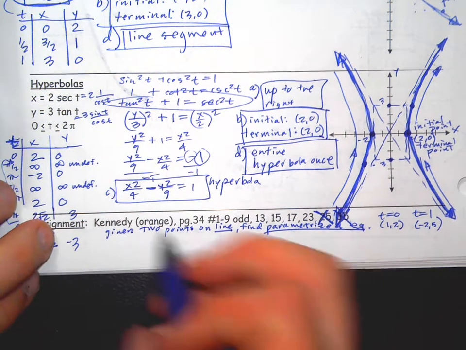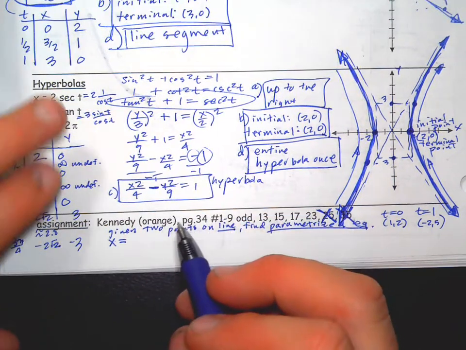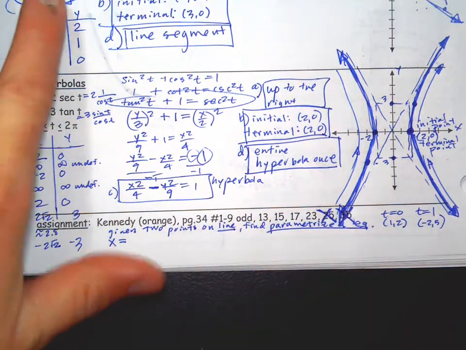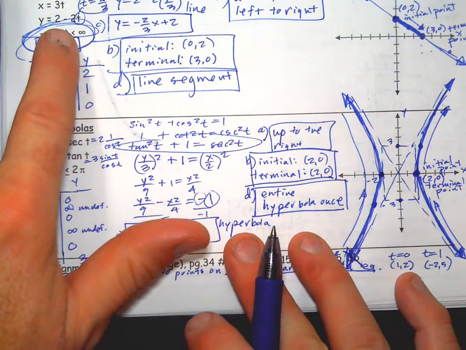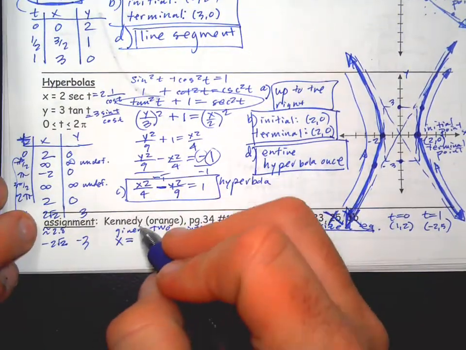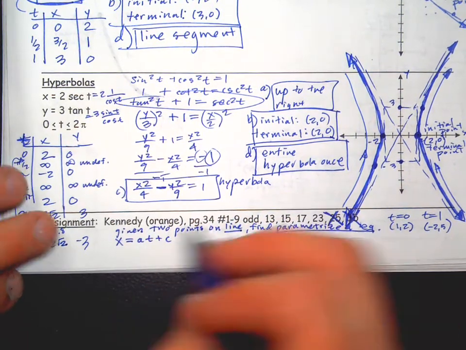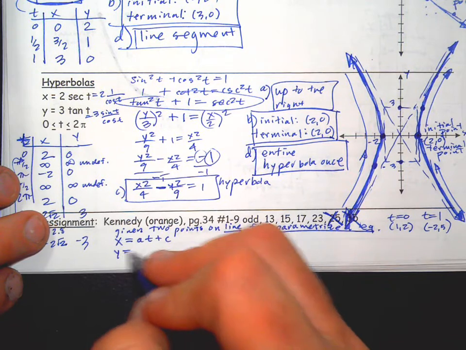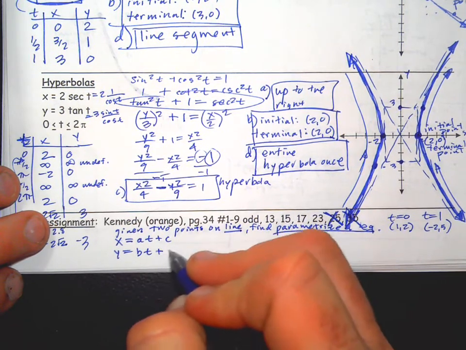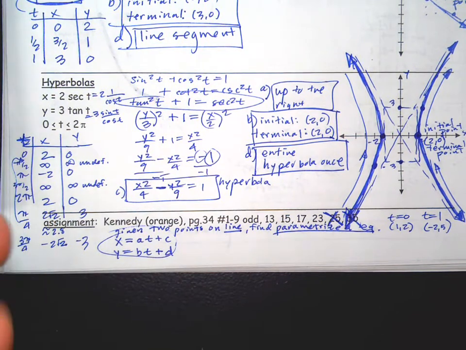So what you do is you say, okay, well, it's going to turn out that usually equations for lines for x and y both are linear themselves. So x is some slope times t plus some value. Y is some other slope times t plus some other value. So I'm just making up some letters to go in here, but this is our template for it.